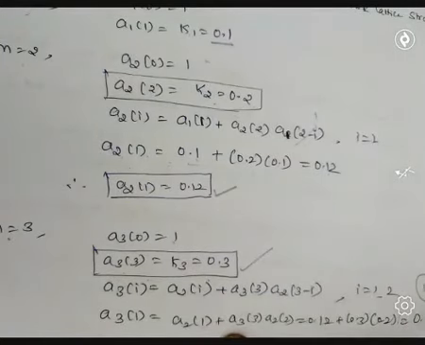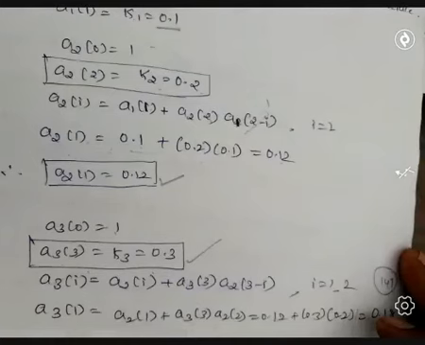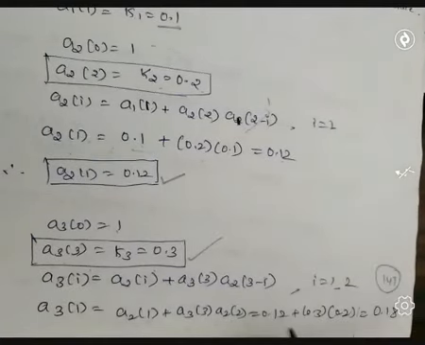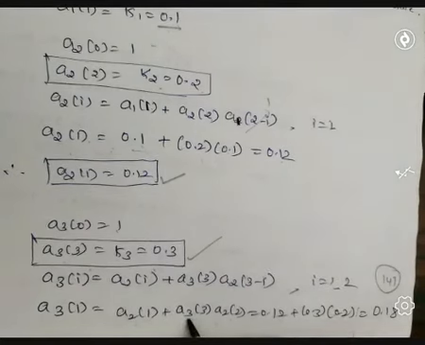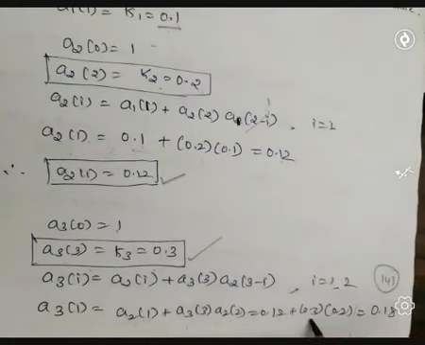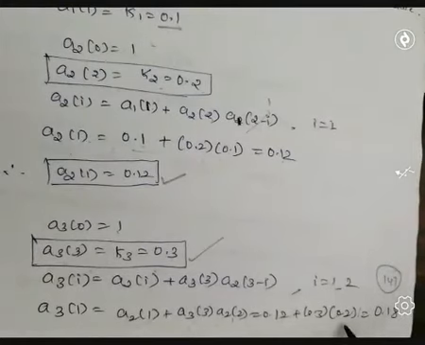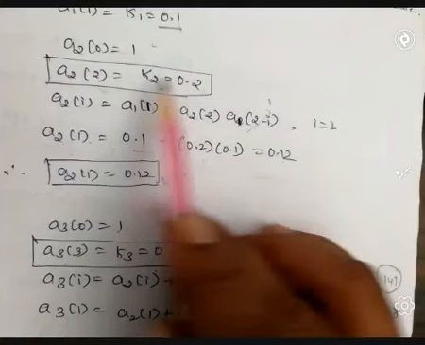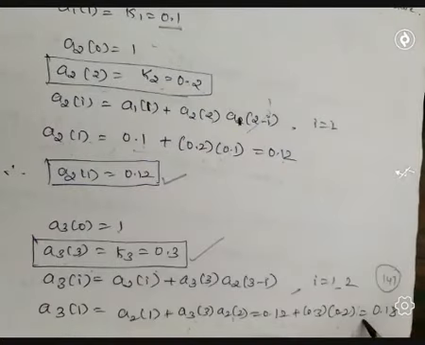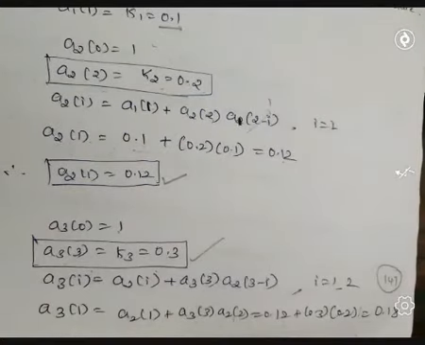Substitute the corresponding values. A2 of 1 is 0.12, already we calculated here, plus A3 of 3 is 0.3 here. Next, A2 of 2 is 0.2. Substitute and do the simplification, we will get 0.18. This is A3 of 1 equal to 0.18.